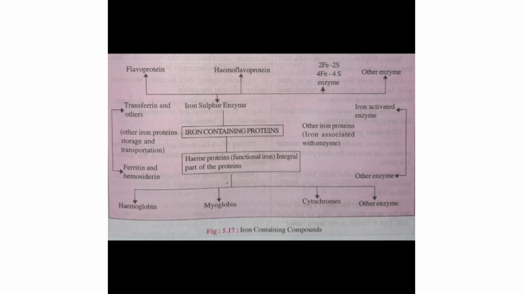And finally, iron is stored and transported as protein, and ferritin and hemosiderin are also there. From the iron-sulfur enzymes, the iron containing proteins, the heme proteins, the functional iron, integral parts of the proteins are formed. And finally, from this, hemoglobin, myoglobin, cytochromes, and other enzymes can form.